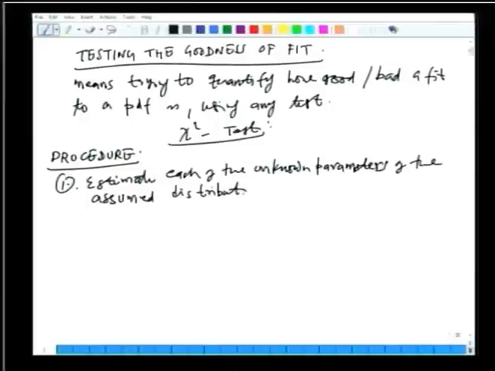There may be one PDF we are fitting, there may be more than one PDF we are trying to fit. So, we do that for all the PDFs, and if there is only one, we estimate all the parameters of that particular PDF.